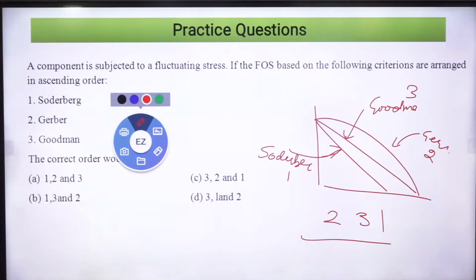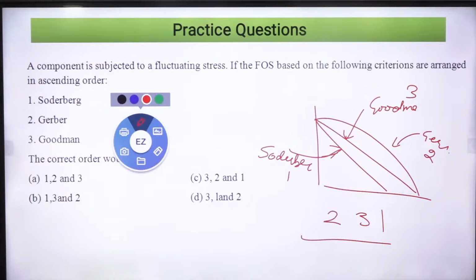This should be your sequence; it has not been given. 2, 3, 1. If the factor of safety based on the following criteria are arranged in ascending order, it means the largest factor of safety that you will get, in which one will you get it? In Soderberg 1, 2, 3, Gerber.